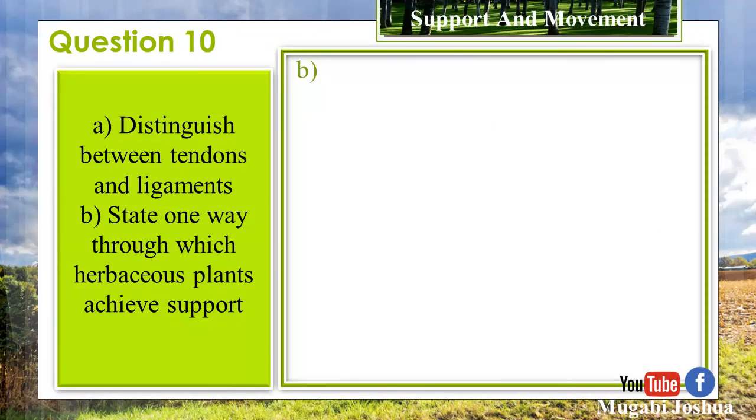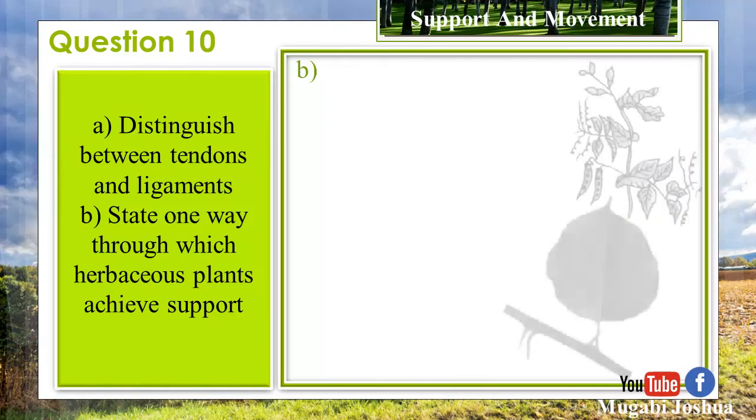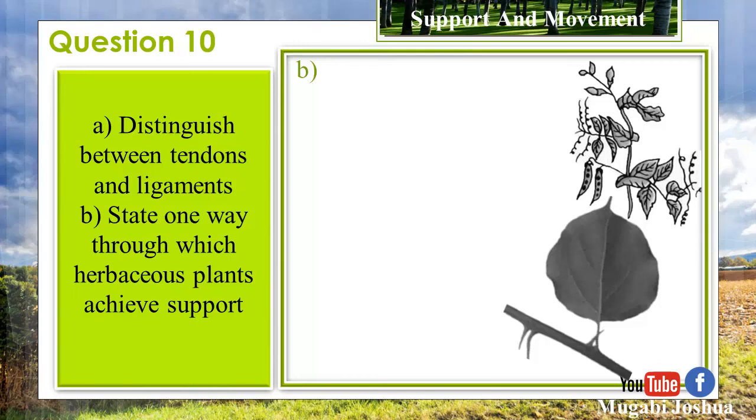Question 10, part B. It states, state one way through which herbaceous plants achieve support. One of the ways is that herbaceous plants use turgor pressure.